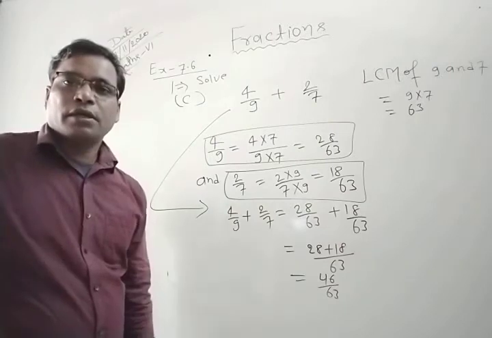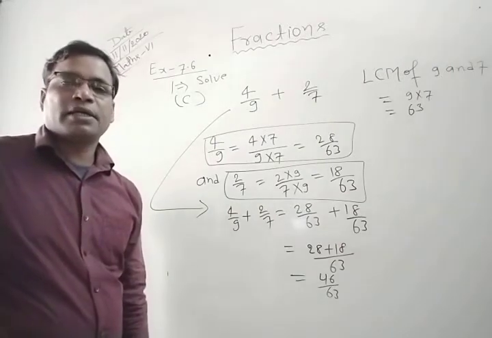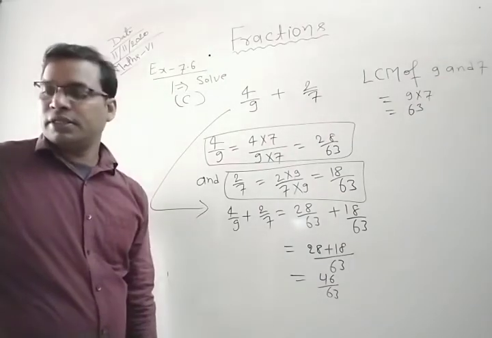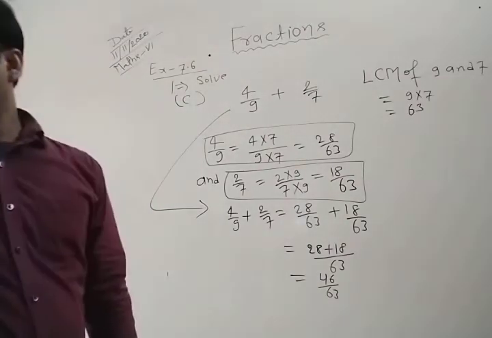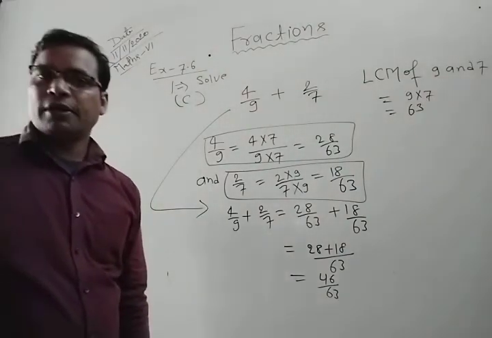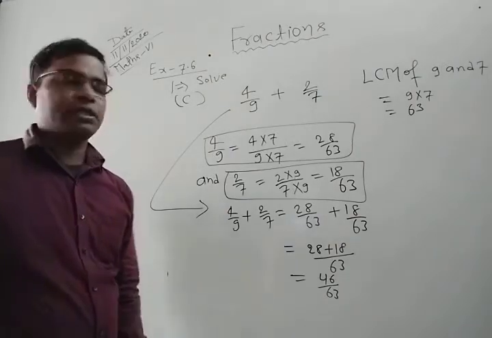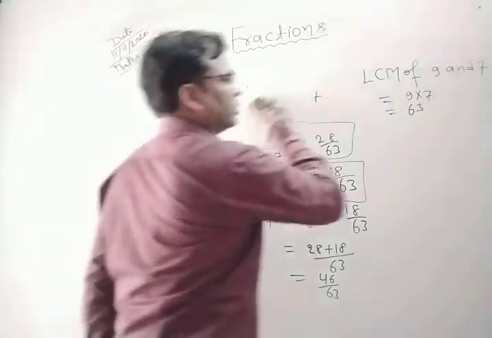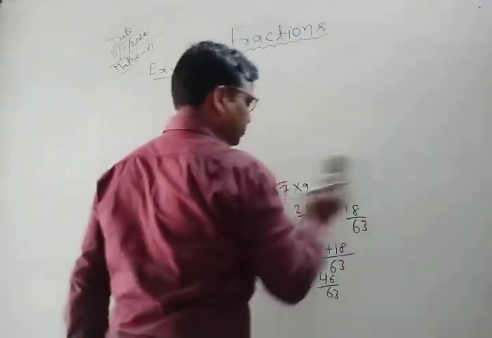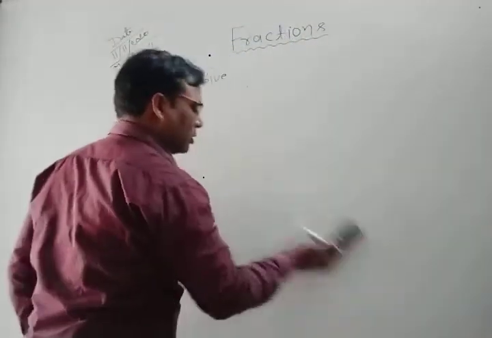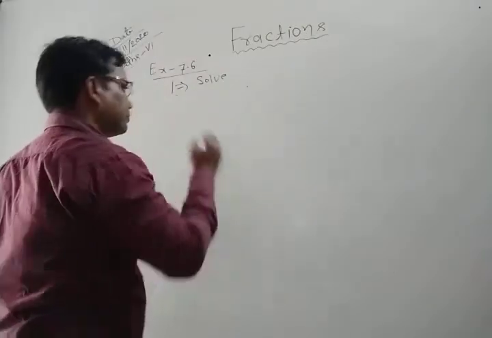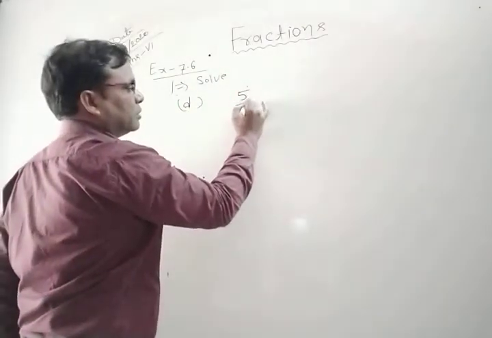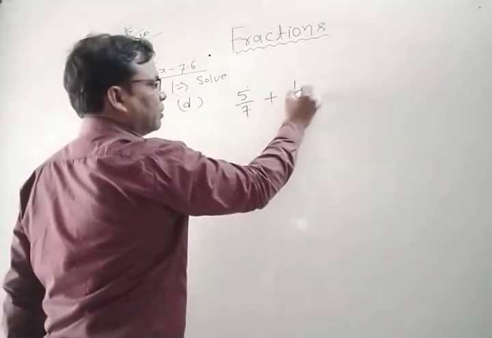Now we are going to discuss the next part, the D part of the question. This D part of the question is 5 by 7 plus 1 by 3.